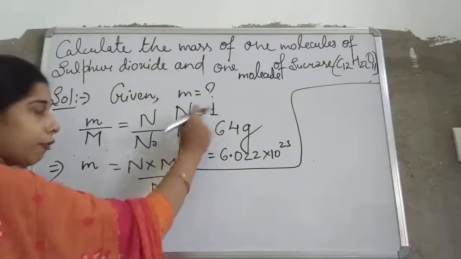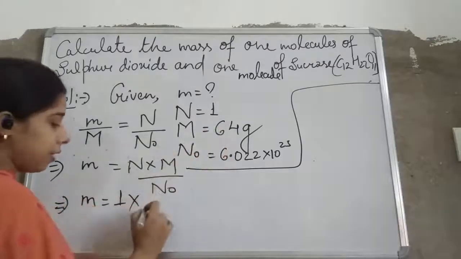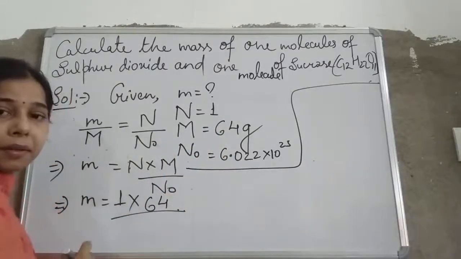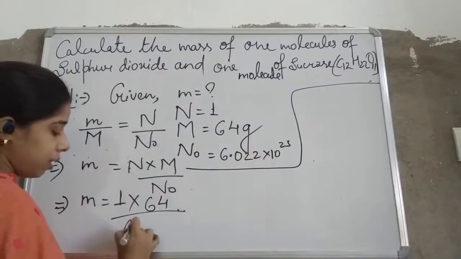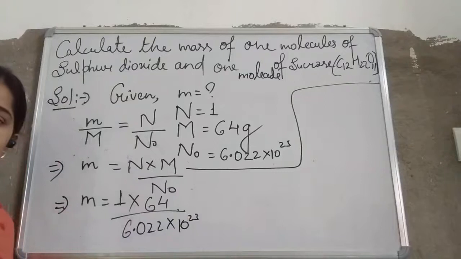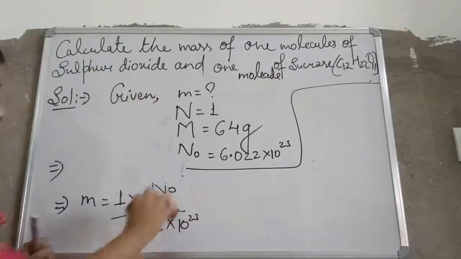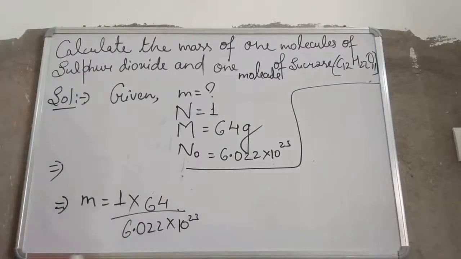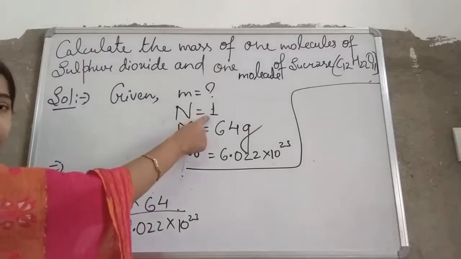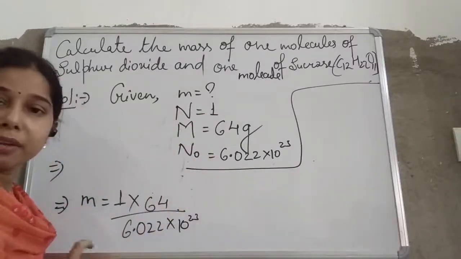So N, the number of molecules, is 1, into M, that is 64, upon Avogadro's number 6.022 into 10 to the power 23. Okay. So that will now be equal to 1 into 64. 1 is the capital N here, 64 is the molecular mass and this one is the Avogadro's number.